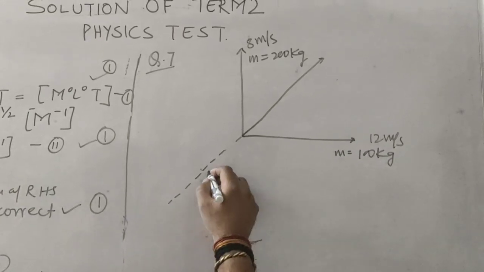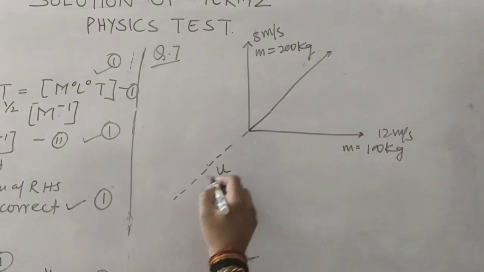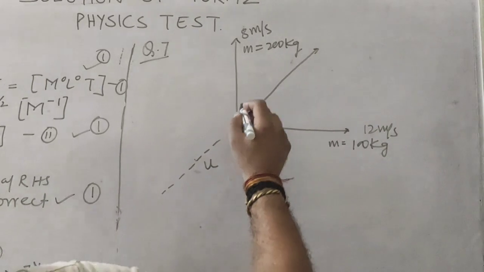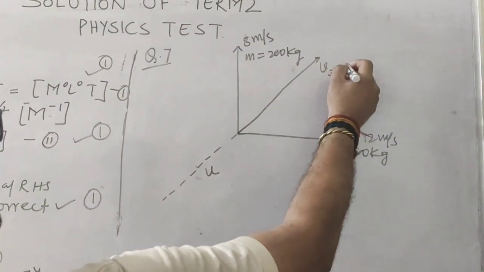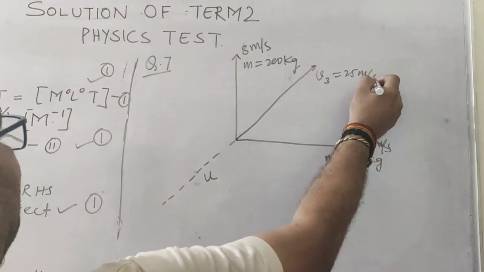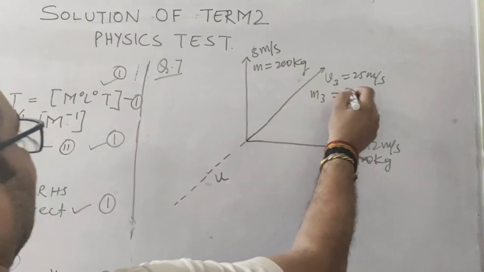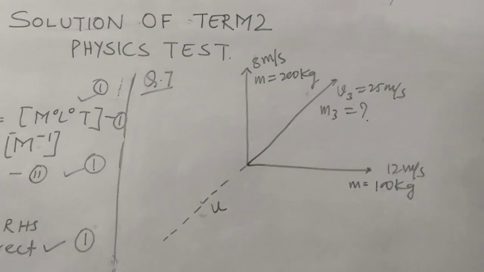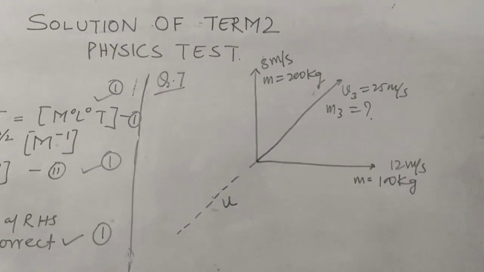For the third part, its velocity is given as 25 meter per second. Mass is not given, you have to find the mass. And you have to find the angle also.